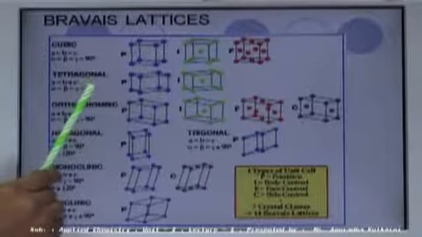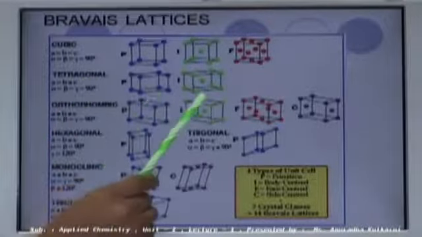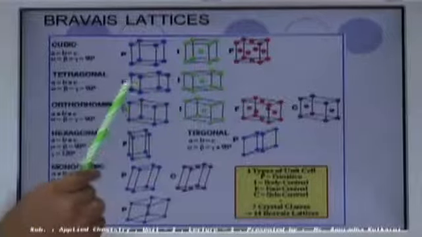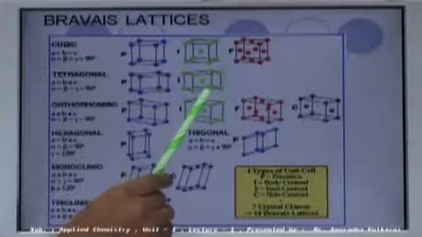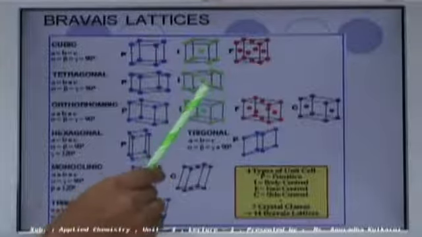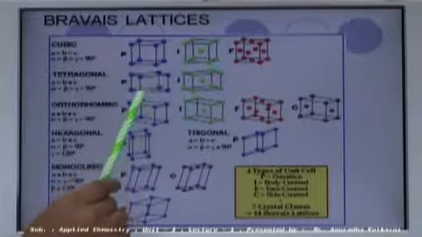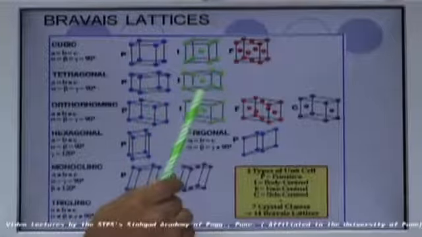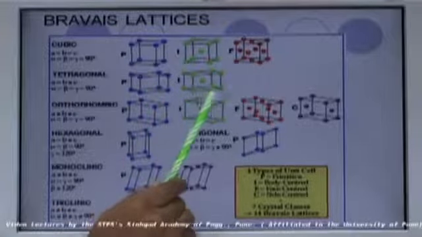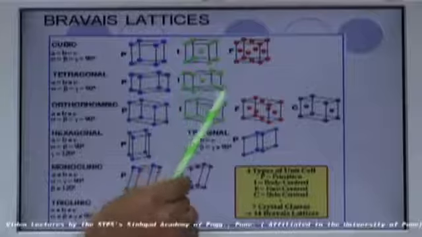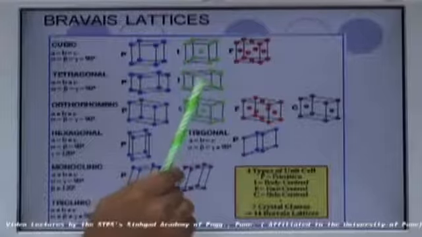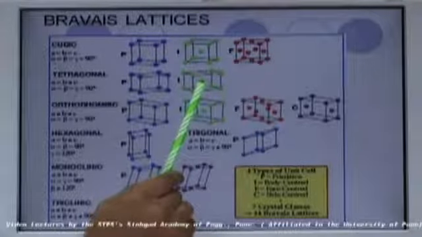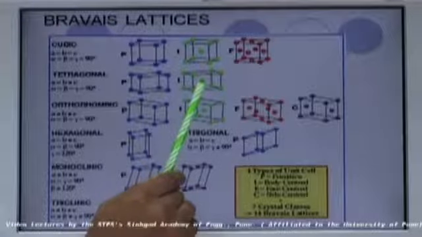For tetragonal, there are 2 types of unit cells: primitive, that is simple, and body centered. Here you can observe the lattice points are situated at 8 corners in case of primitive. In case of body centered, lattice points are at 8 corners. In addition to that, one lattice point is at the center of this particular structure.